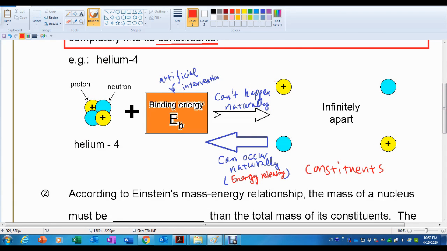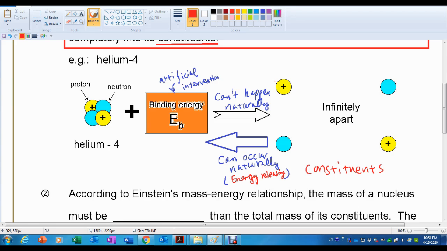In chemistry, if you separate helium-4 into 4 constituent nucleons, the mass should be conserved. But that doesn't happen in nuclear physics. Remember that in nuclear physics, the mass will change. Although it's very slight, it still changes.